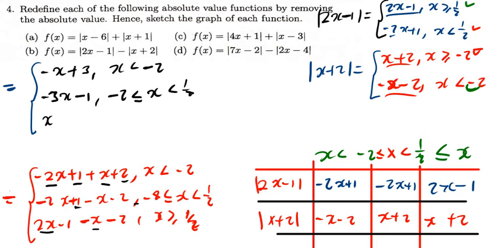Okay, positive x, then negative 1 and that one will give me negative 3. Let me write it properly. So the condition is that x should be greater than or equal to half. Okay.